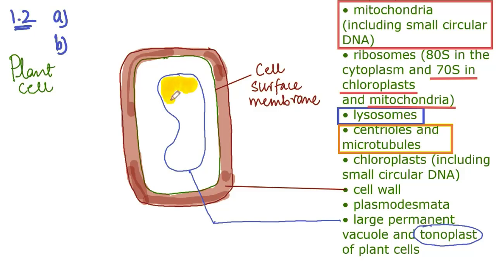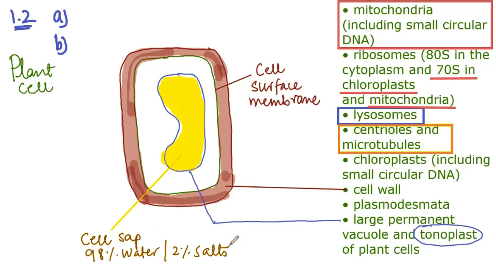Vacuole of the plant cell contains a solution called cell sap. Inside the vacuole we have this solution, and this cell sap is 98% water and the remaining 2% salts. Other than the cell sap, there is nothing, no organelle and no other structure.